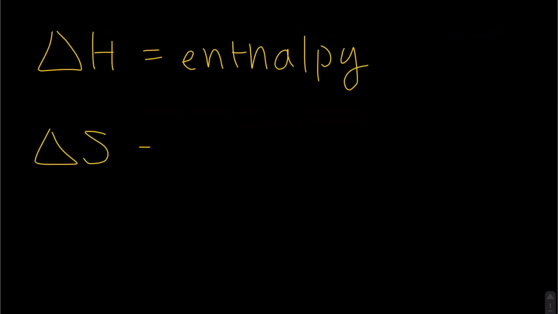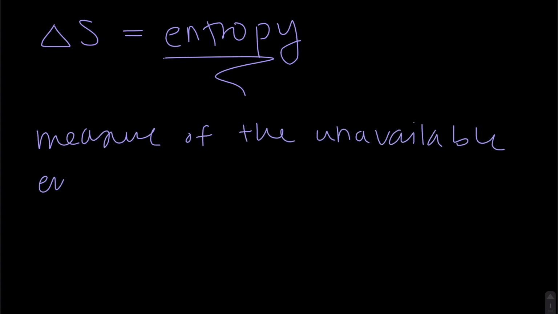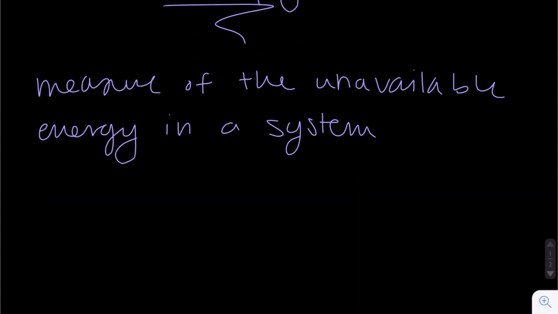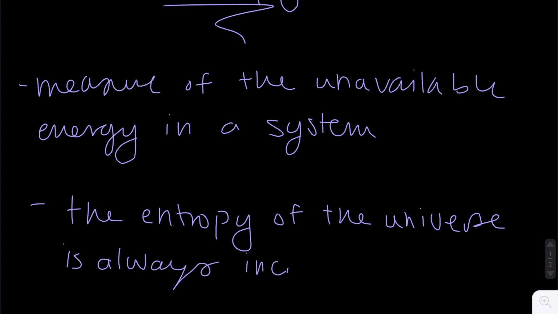The next variable in the equation I'm going to talk about is entropy. Entropy can be defined as the measure of unavailable energy in a system, but is also commonly thought of as the disorder of a system. The entropy of the universe is known to always be increasing, and this goes along with the second law of thermodynamics, which states that energy becomes more dispersed over time.